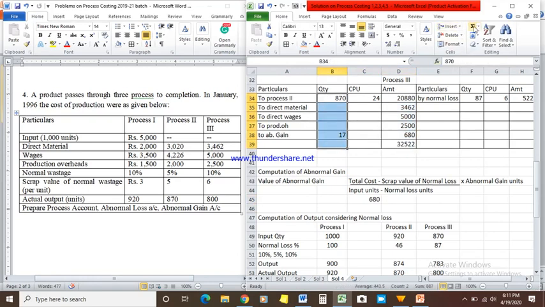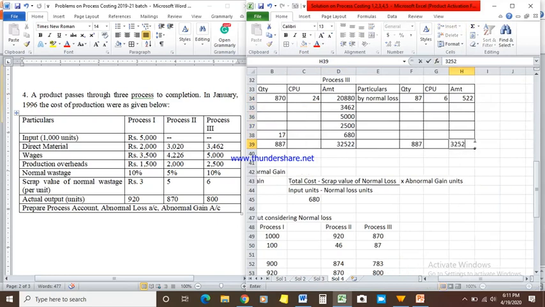The total of the quantity is 887, and 32,522 goes to the finished goods account. From 887 minus 87, we get 800 units, that is the actual output. The value 32,522 minus 522 gives 32,000. The cost per unit: 32,000 divided by 800, you get 40 rupees.